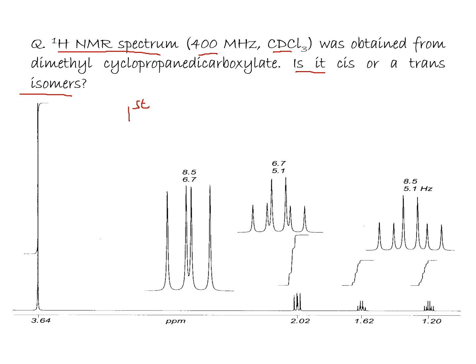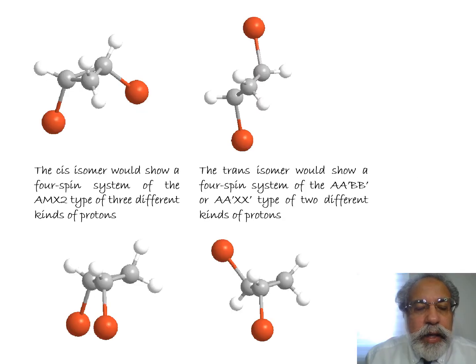Right? And let me now examine the stereochemistry of the cis and trans. Here we have the cis isomer. I would like you to look here for a plane of symmetry.